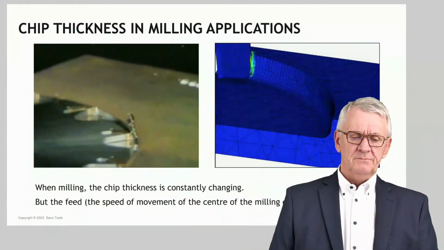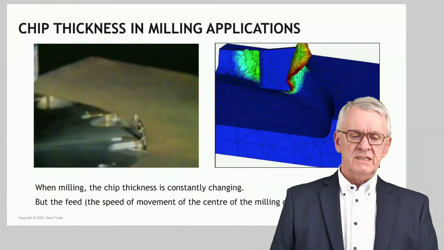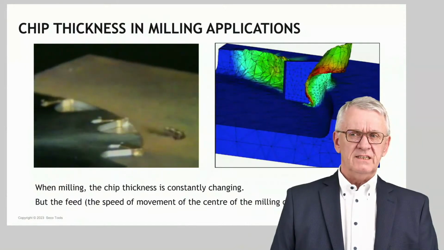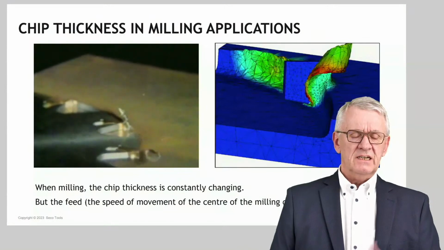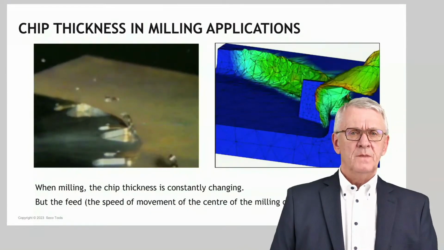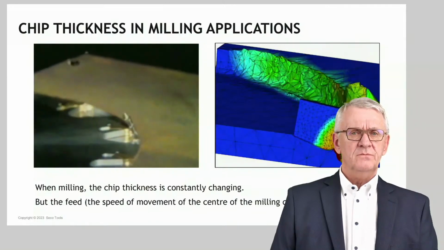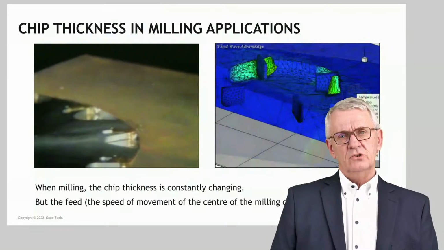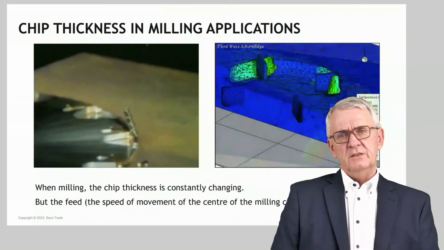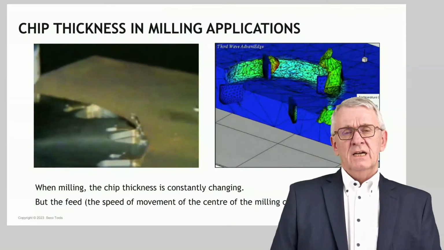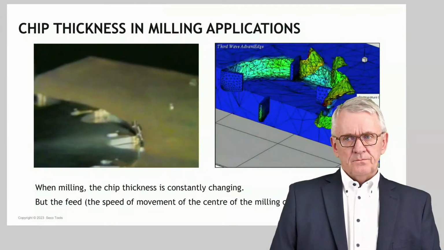And in milling, there is one thing that makes life a little bit more complex. I try to illustrate it here with an animation and with a real-life video. In milling, you use a milling cutter with a certain feed per tooth, feed per rotation, table feed, however you define the feed, and that's a fixed value.